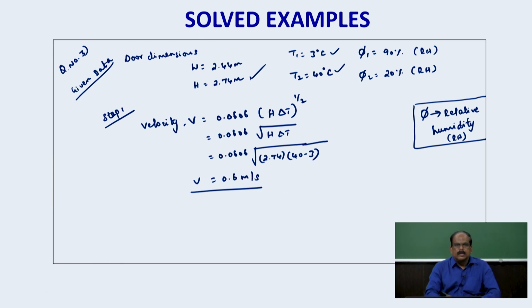Whenever we are calculating the infiltration load or the ventilation load, the first step is to determine the velocity. Infiltration load is the load due to the leakage of air through air gaps, cracks, either through ceiling, walls or floor, through the doors, etc.